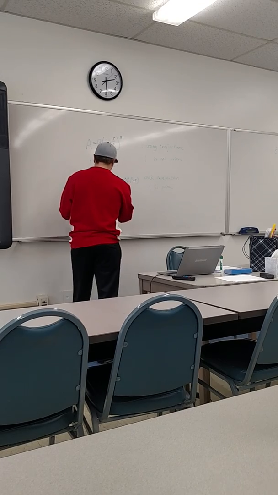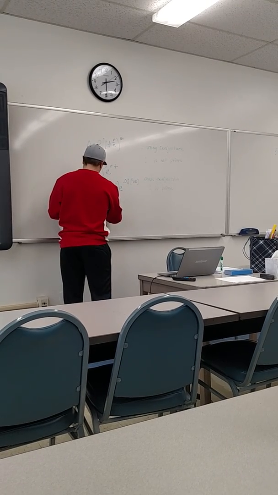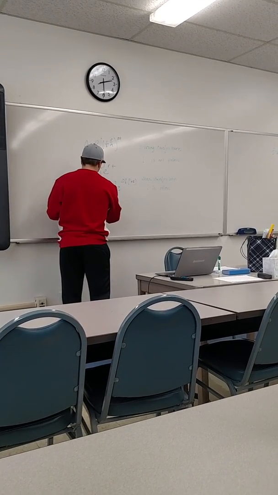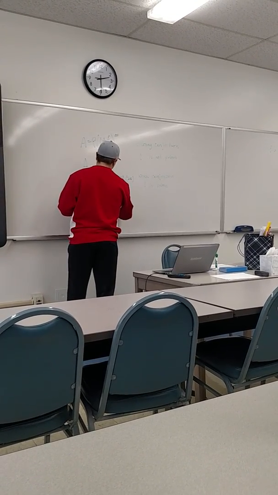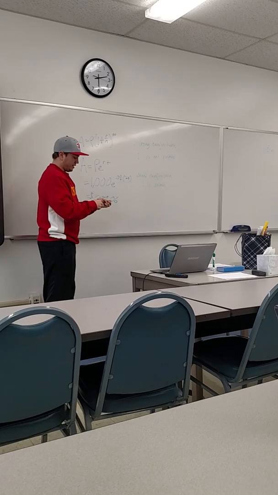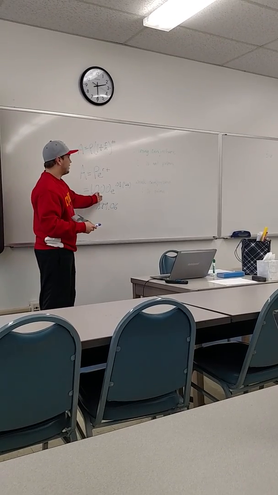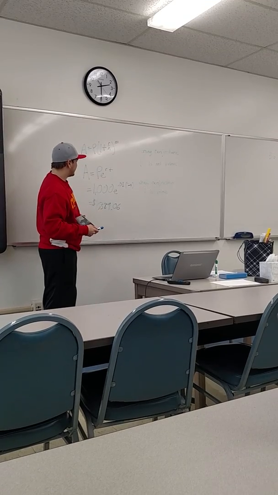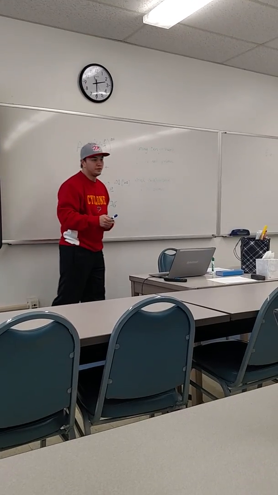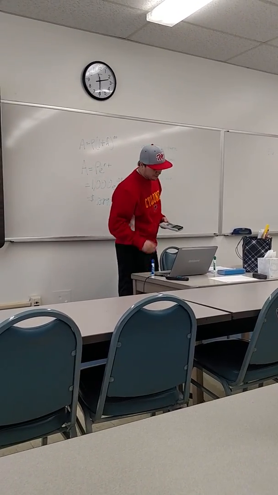So you end up with $7,389 and about 6 cents. As you can see, you only invested $1,000 and you gained a little over $6,000 in a matter of 25 years with an 8% interest rate.